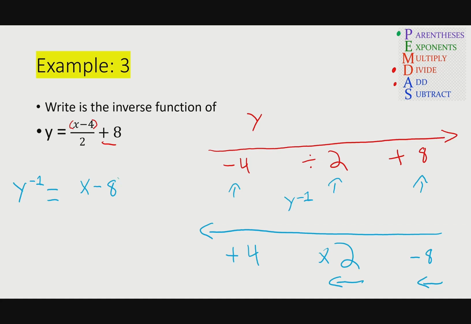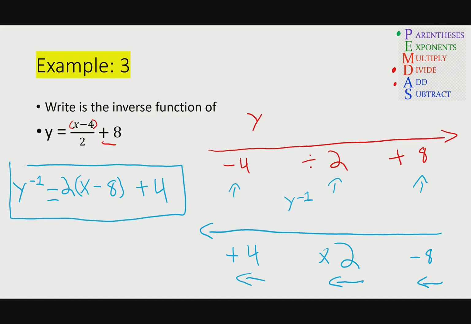So I'm going to use these grouping symbols, parentheses, to show that x minus 8 is together and we're multiplying that by 2. Alright, and lastly, we need to add 4 to this whole group of terms. So we have plus 4 on the end here. So right here is our inverse function of y.